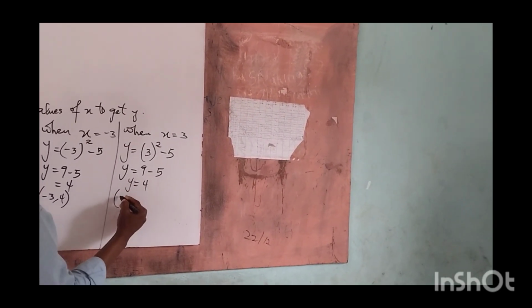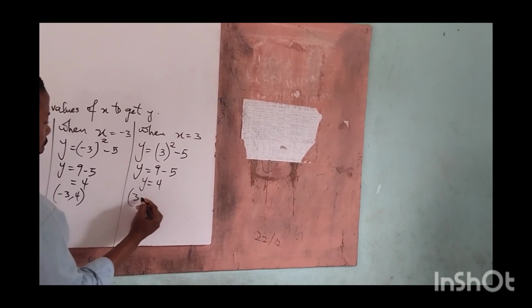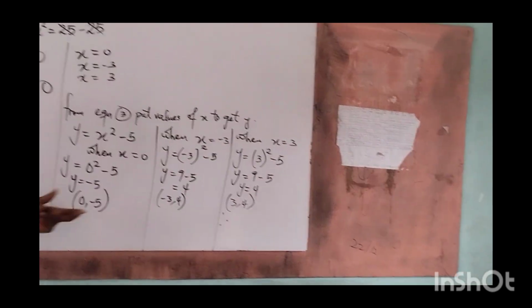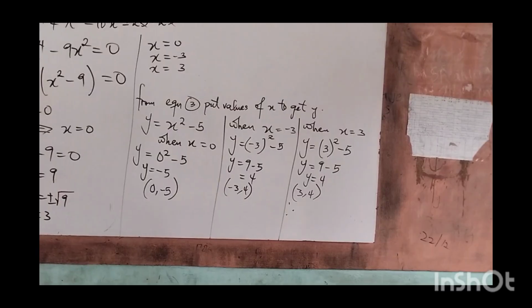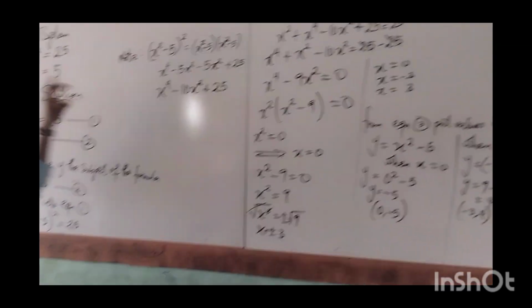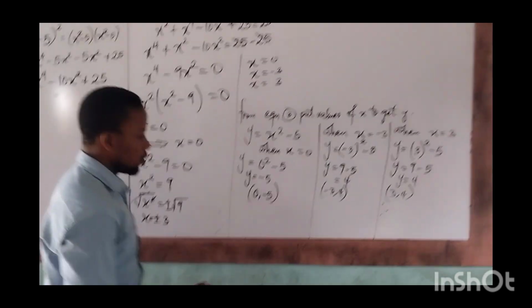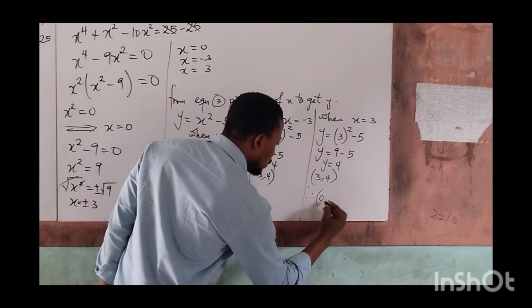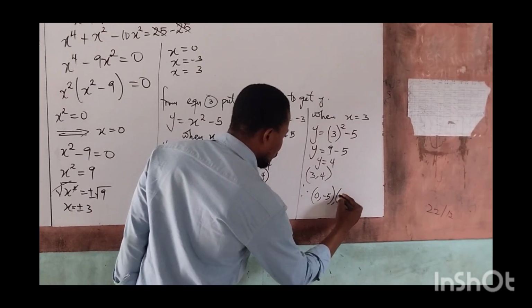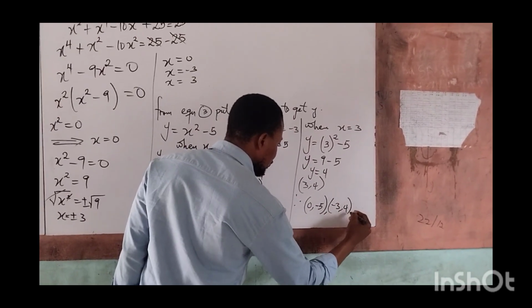So when x is equal to 3, y is equal to 4. Therefore, the solution to this system of equations is now (0, minus 5), (minus 3, 4) and (3, 4).